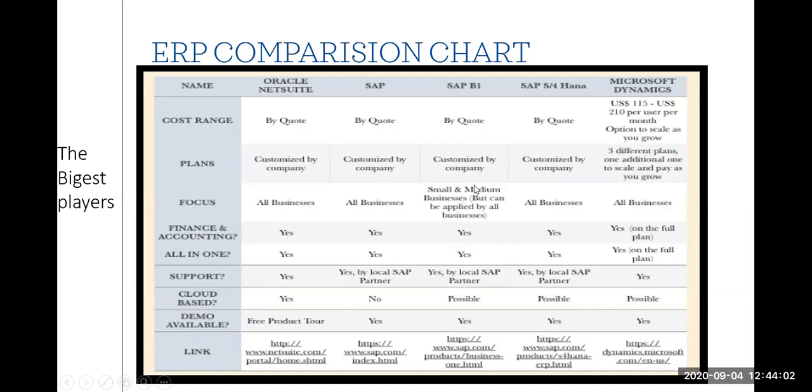Mostly these are customized because they are very big platforms, so buying the whole platform is not viable. They are definitely customized by the company. And SAP B1 is an offering from SAP designed for small and medium businesses.